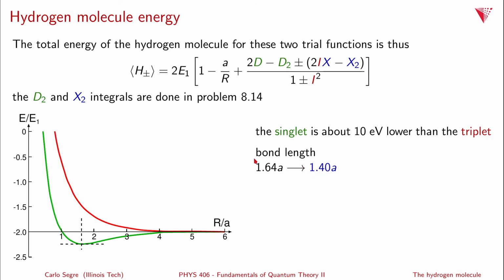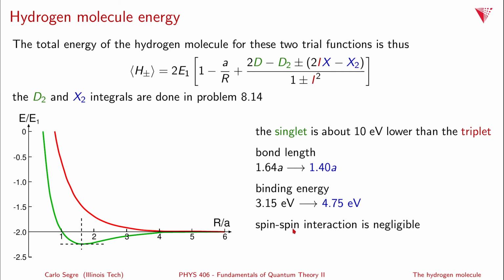So we overestimate the bond length. The binding energy, that is the energy below this value of minus 2, is 3.15 electron volts, and the real value is 4.5 electron volts. So again, the variational method gives you an upper bound, but it's not very close with this particular function.